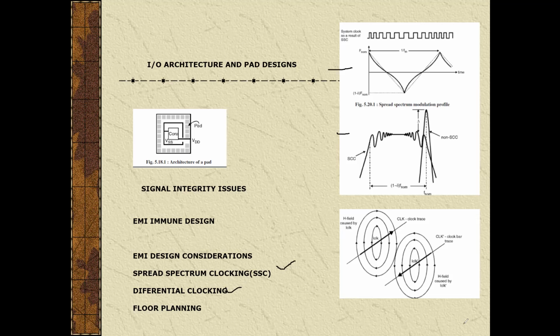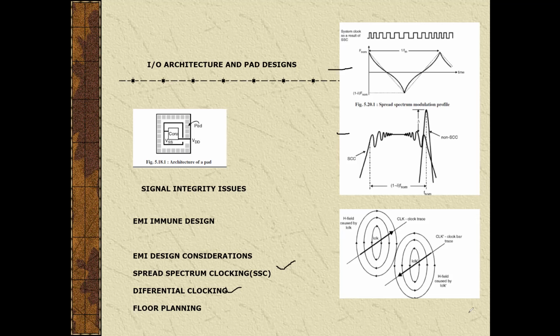Here is the figure of cancellation of the H field through the inverse current. This figure shows a lower H field, which leads to reduction in EMI radiation, and differential clocking also reduces the amount of noise coupled to other traces. These are all about EMI immune design.